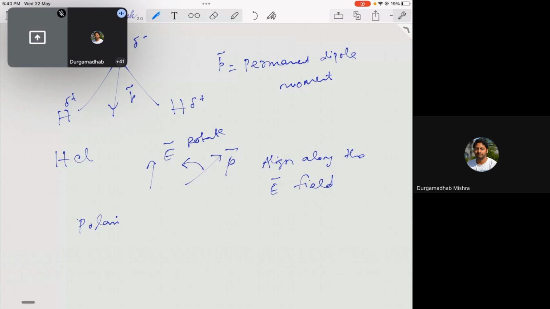This is again a vector quantity as well. It is the number of electric dipoles per unit volume of the material. Now, as we said, the electric field is different within the dielectric.